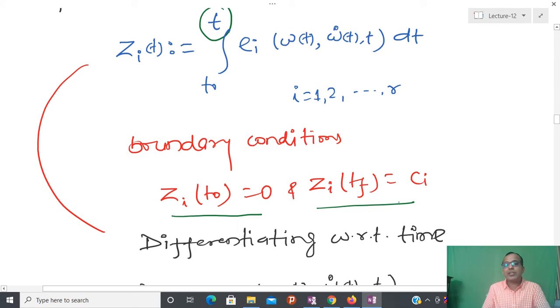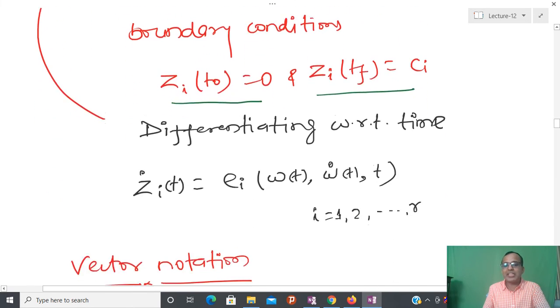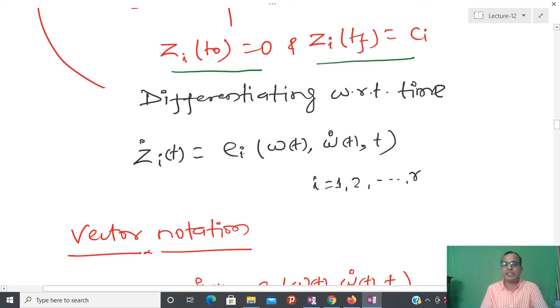Now if you express this quantity in terms of a differential equation, we have to take the derivative. If you take the derivative, the integral equation is converted into a differential equation.